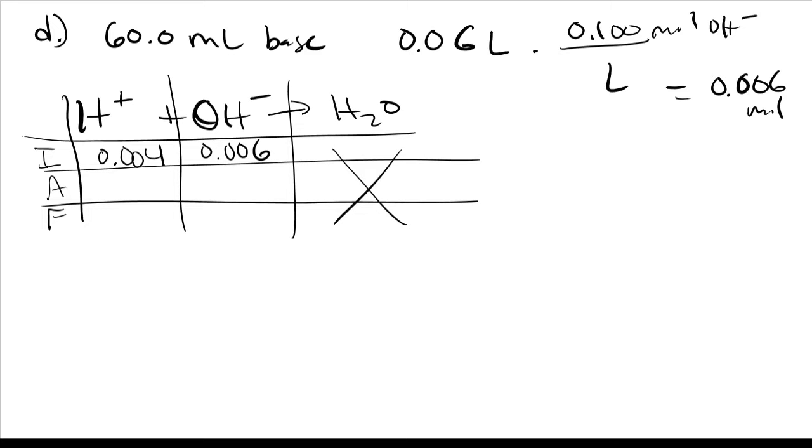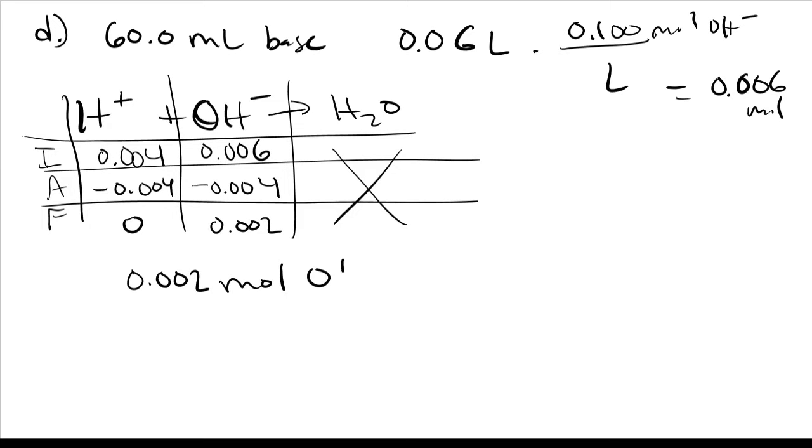So what happens? Well, this can't fully react with this, right, because there's only 0.004 of this. So therefore, only 0.004 of this gets to react. And we have 0 hydrogen ion, and then we have 0.002 moles of this left. So we're going to say that we have 0.002 moles of hydroxide left.